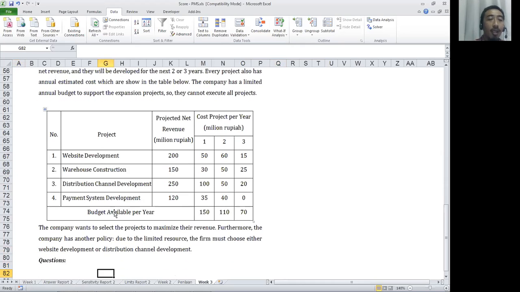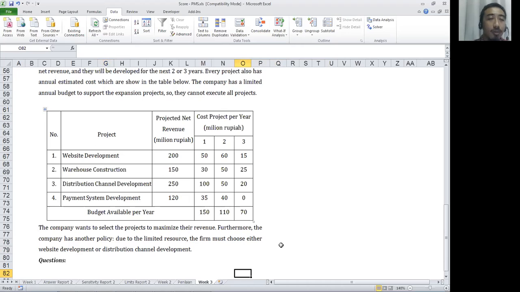Let's see the goal here. They want to maximize the revenue. And there is a policy due to the limited resource: the firm must choose either website development or distribution channel. We will talk about this kind of limit in the formulation.